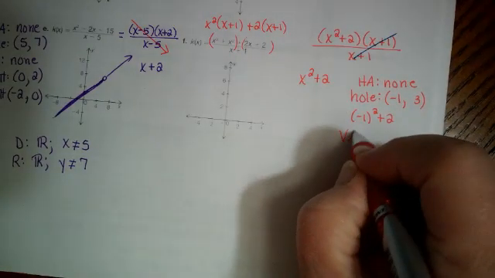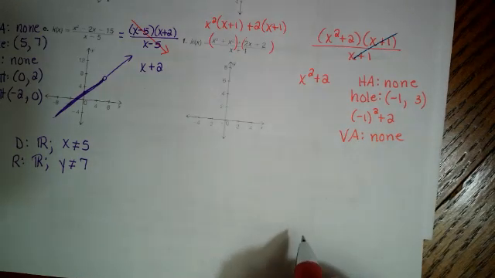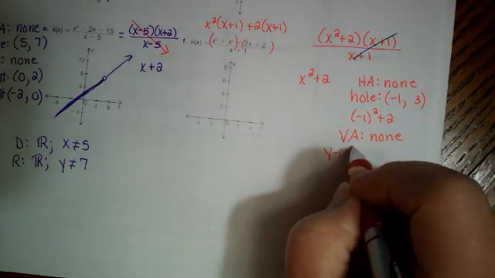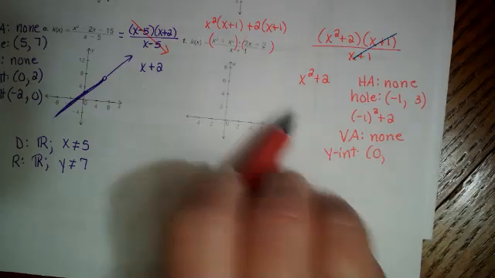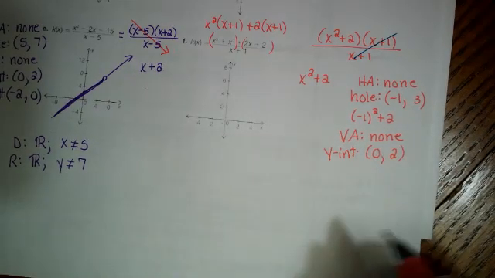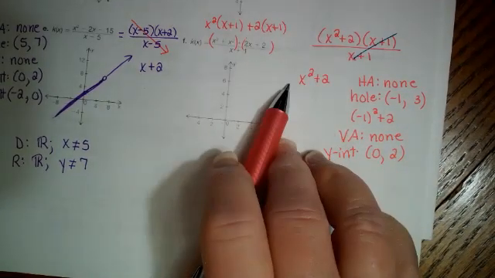There is no vertical asymptote because there's no denominator. There's a y-intercept because if I plug in 0 for x, I get 2 for y. Is there an x-intercept? Can I make this equal 0?